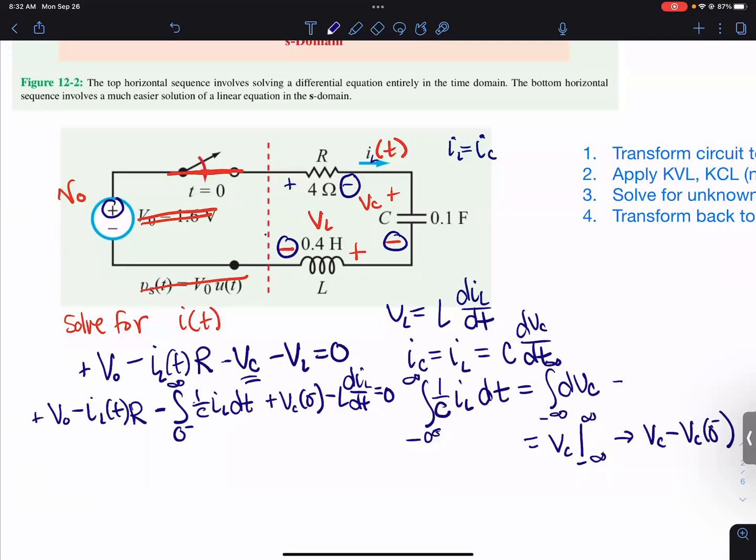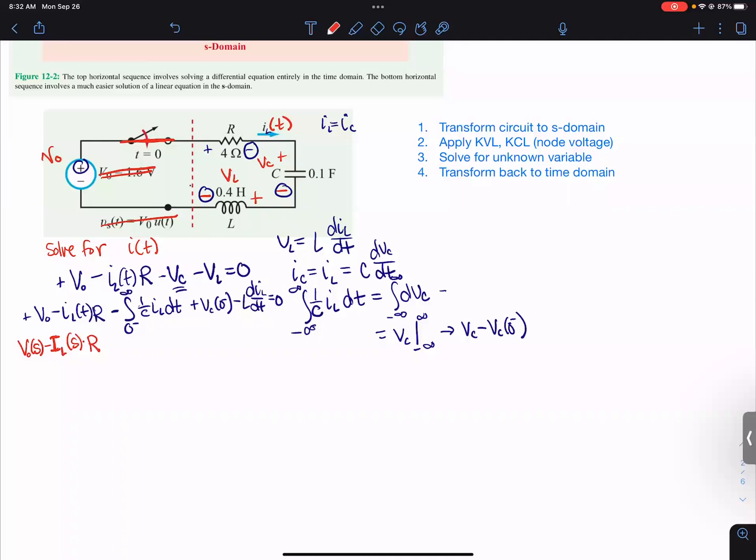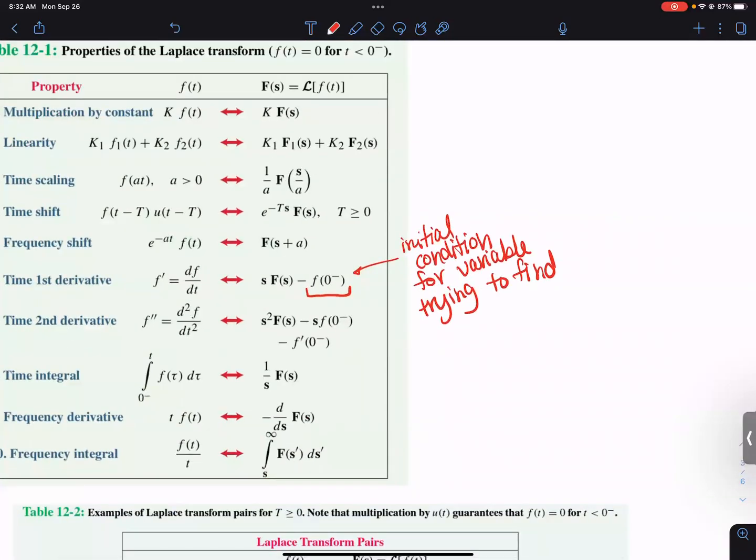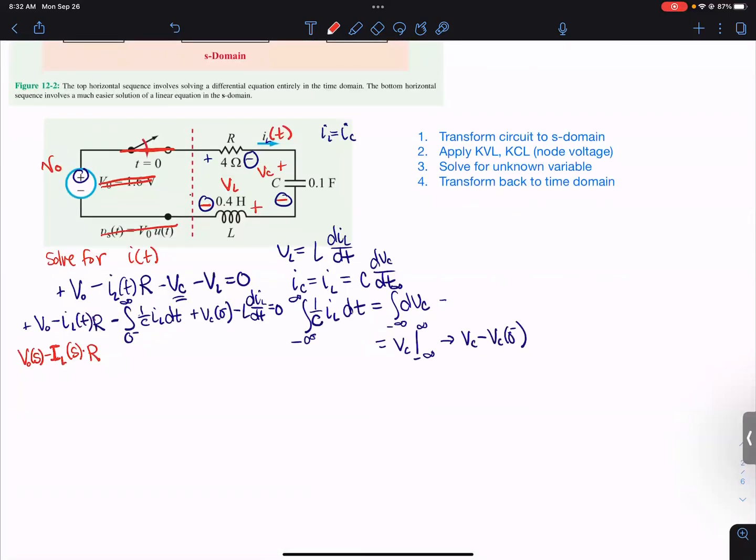So that just translates over to the capital IL of S. So V naught becomes whatever function in S. And then IL just becomes the capital IL of S times R. And then we're going to use the property of integration, which is 1 over S, F of S. So we have the constant of 1 over C. And then the capital I of S over S. And then VC of 0 minus is a constant, and again, it's just over S.